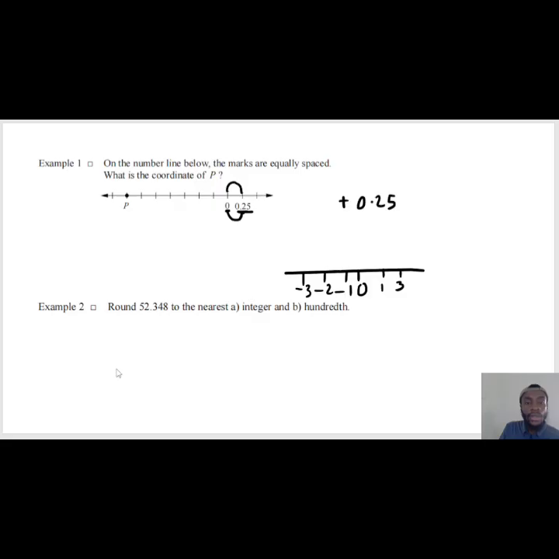So let's count now. This is 0.25, this one is 0.25 again, and that's 0.25, and that's 0.25, and that's 0.25. So my answer is how many times? Let's count from here.